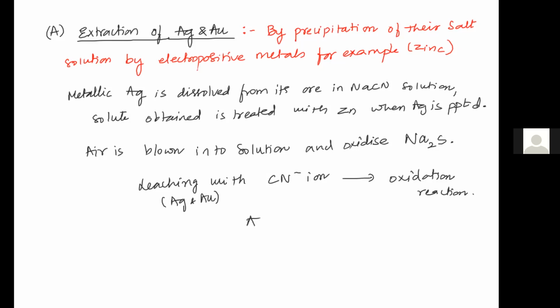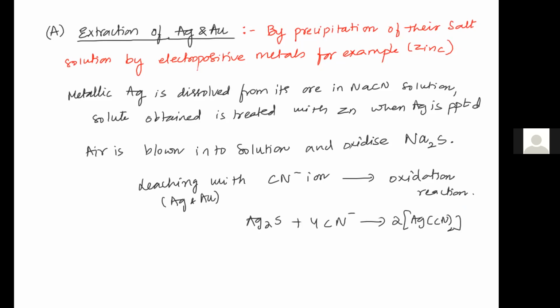So what happens here? First of all, it's Ag2S. We try to react with CN minus. We have 2 Ag(CN)2 minus plus S2 minus.